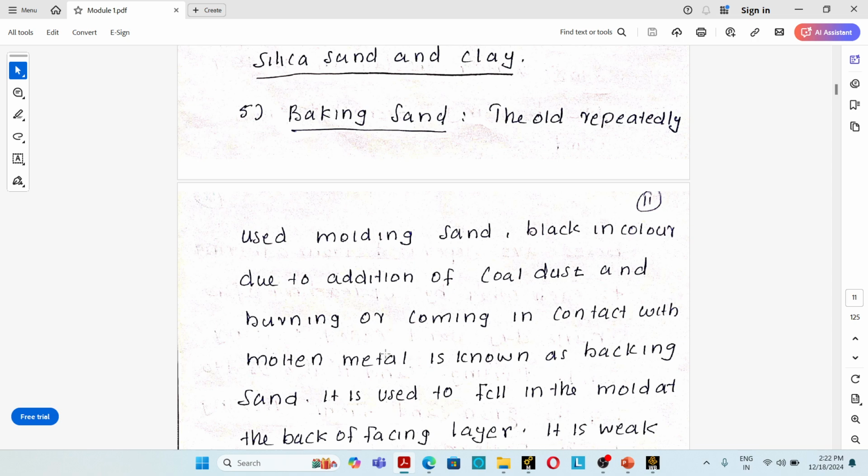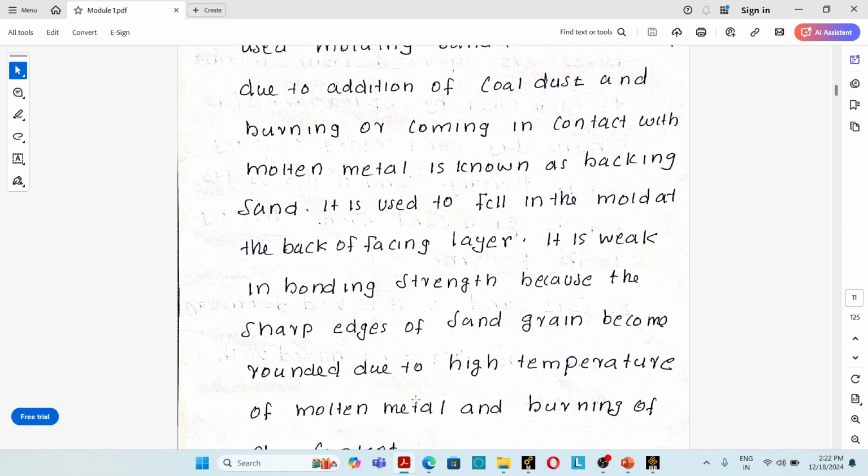Baking sand does not directly contact the molten metal. It lies below the facing sand, so it should have less refractory strength, and it does not have sharp abrasive particles. Due to high temperature, the sharpness of the abrasive particles is lost and the edges become slightly rounded.